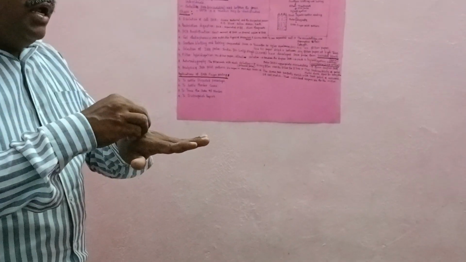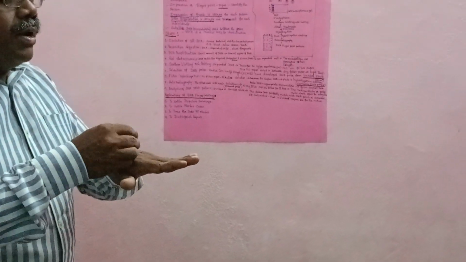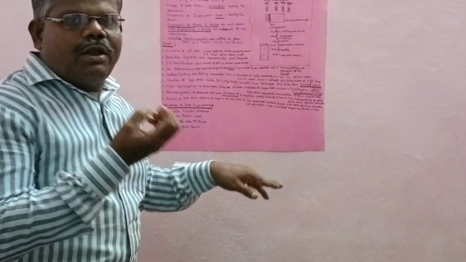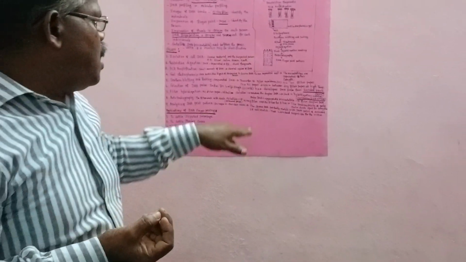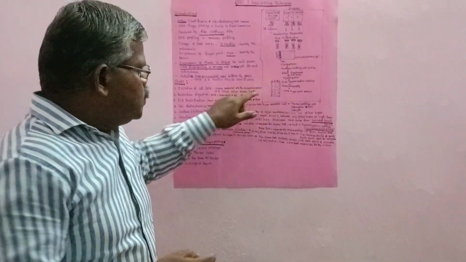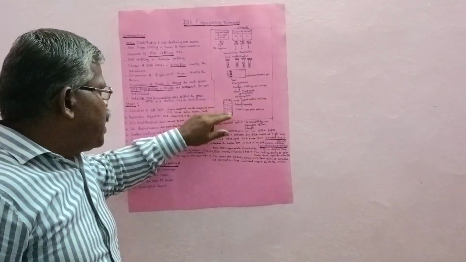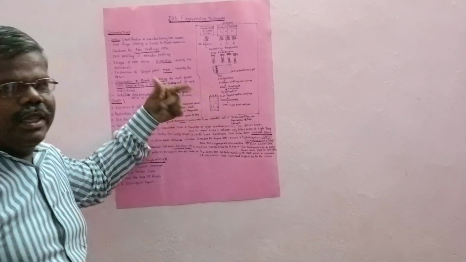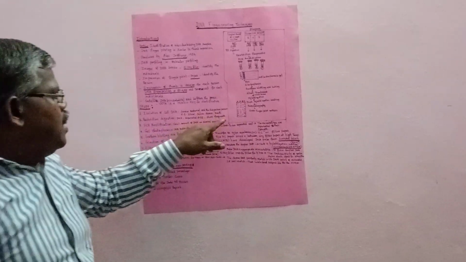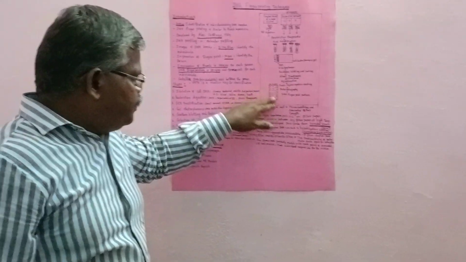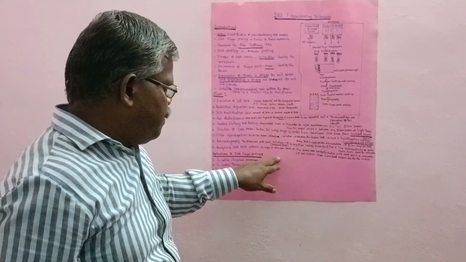The radio labeled probe emits and produces dark spots on the X-ray film, showing the formation of double stranded DNA. So this is an X-ray film.